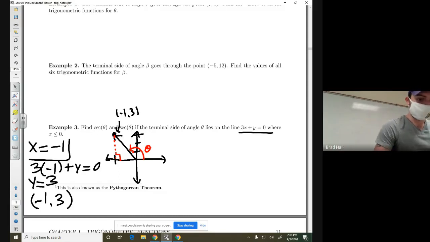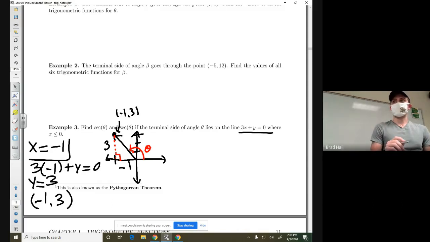So we went to the left, negative 1 times. We went up, positive 3 times. And to figure out the value of the slanted line, the hypotenuse, we have to use the Pythagorean theorem, which I wrote at the beginning.